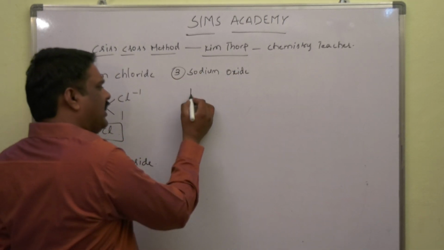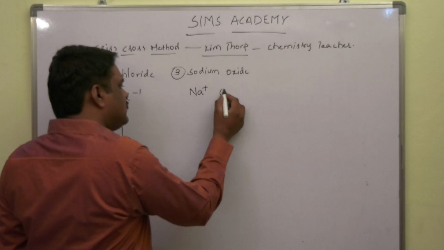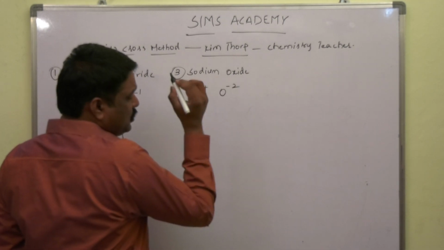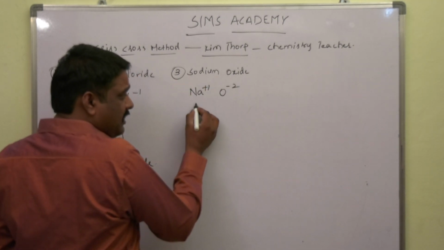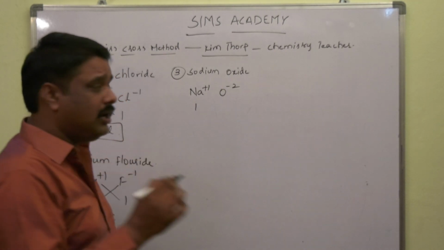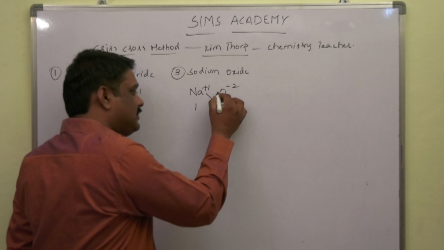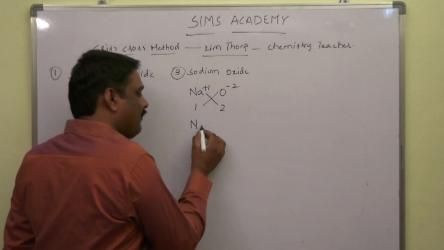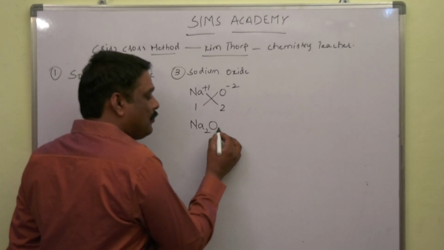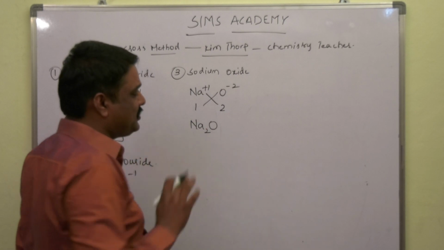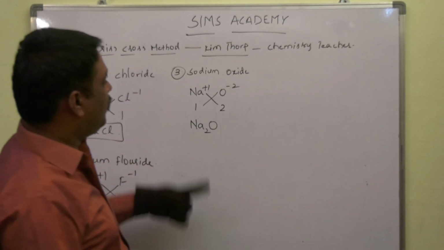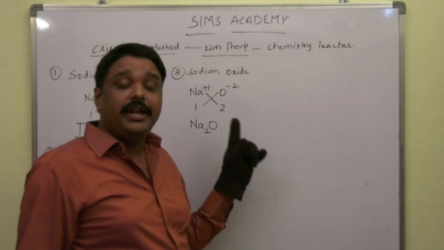Na plus, O minus 2. This is plus 1, 1 below the sodium ion, 2 below the oxygen ion. Criss cross, we get Na2O. The 1 we did not mention here, hence the formula of sodium oxide is Na2O.